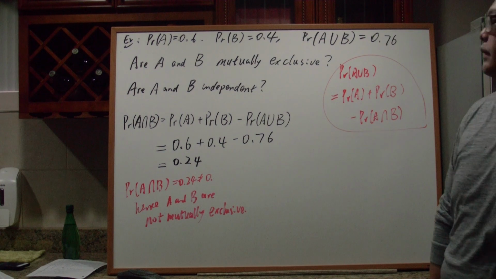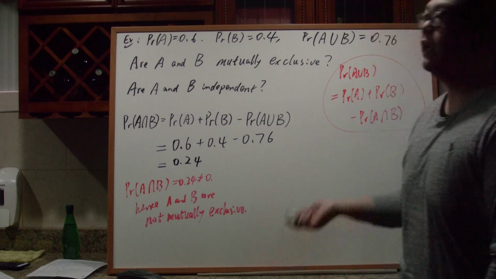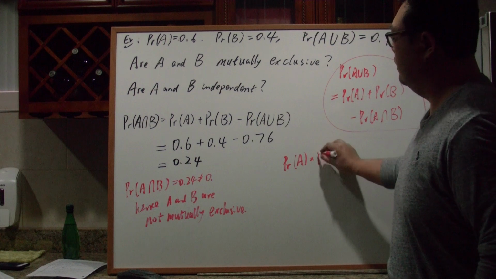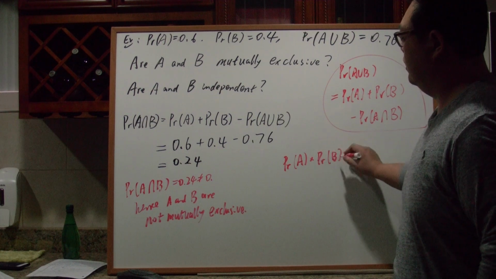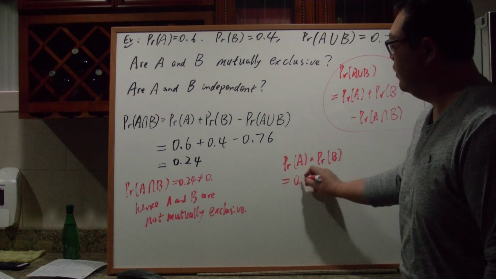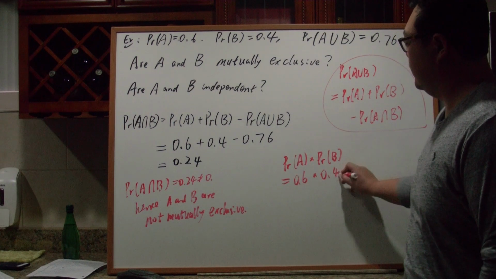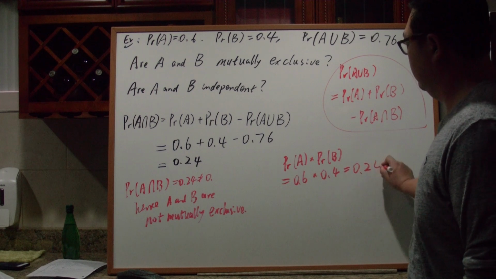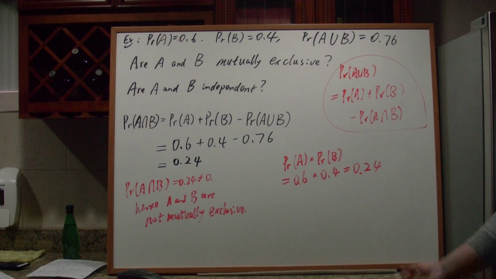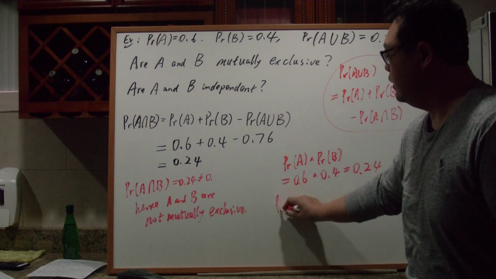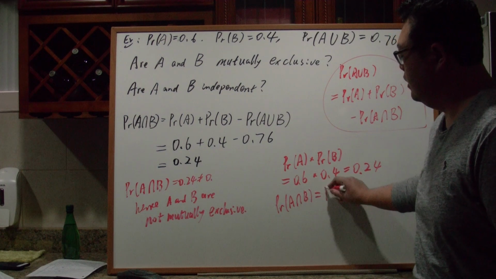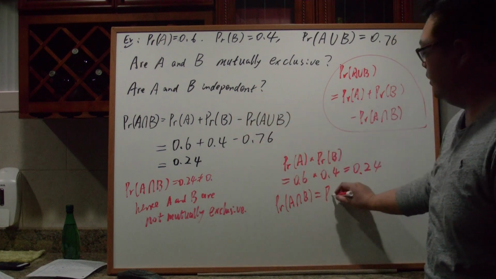Then what about independent? For independent, we need to check the products. The product of A's probability and B's probability, 0.6 times 0.4, is 0.24. Which we can see from here, the product is the same as the intersection.